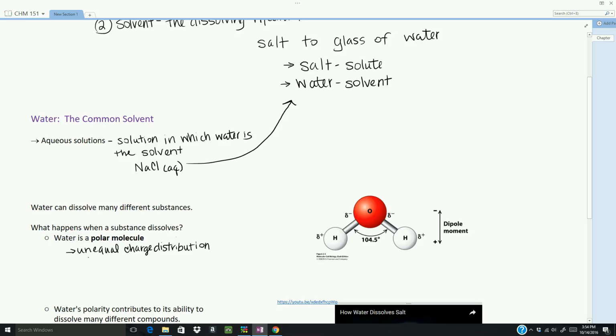So that means there are partial charges, so that's positive or negative, on the atoms in a water molecule.